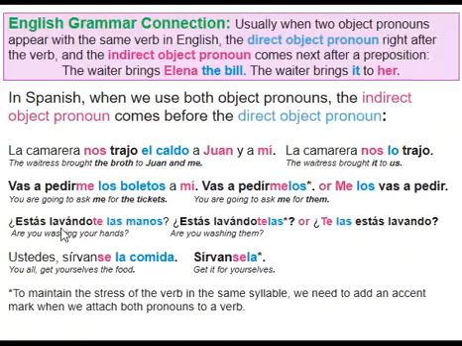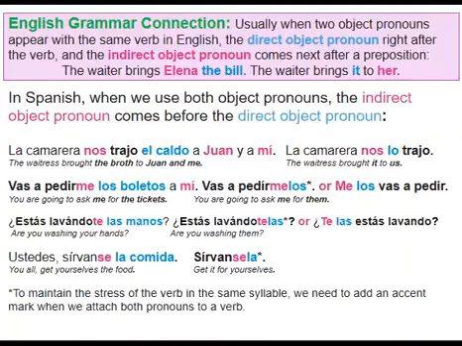Let's take a look at the positive command. See? Ustedes, sírvanse la comida. You all, right? Get yourselves your own food, okay?